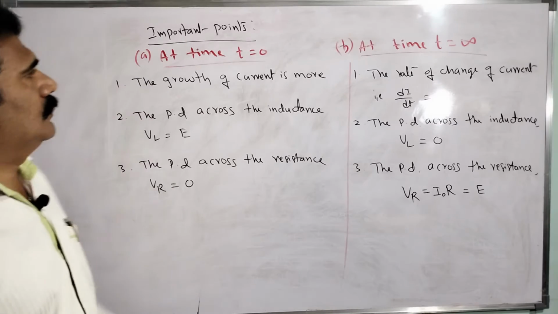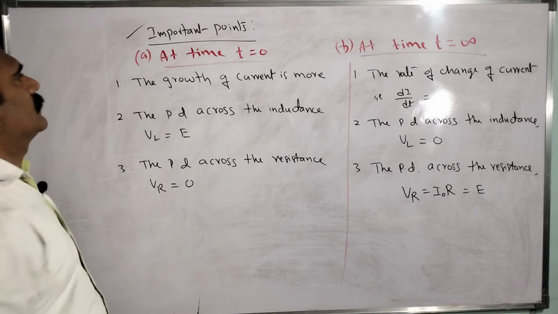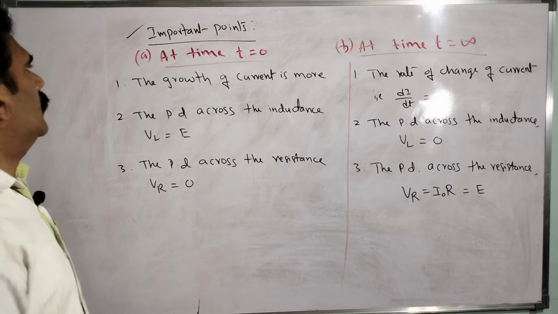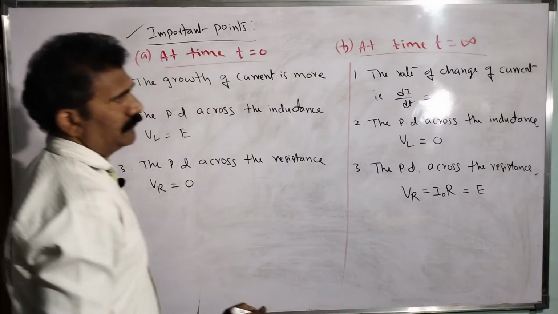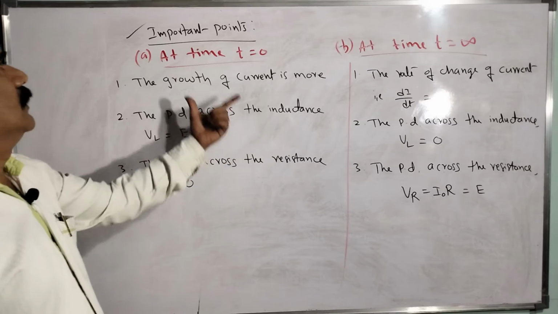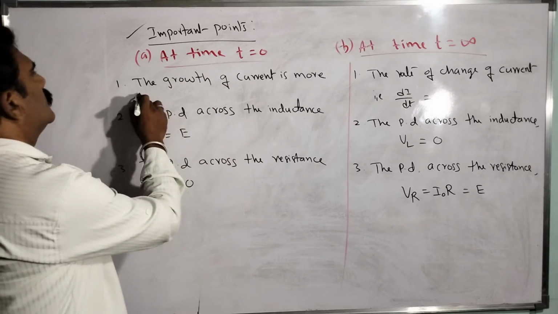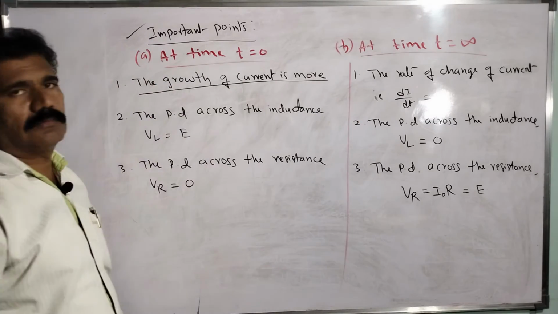Okay, so at the end you just note down these important points in the LR circuit. At time t equal to 0 and time t equal to infinity. In the beginning at time t equal to 0, you observed that the growth of the current is more, as per the graph.